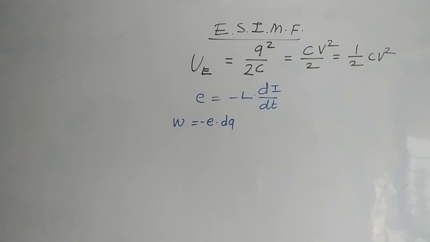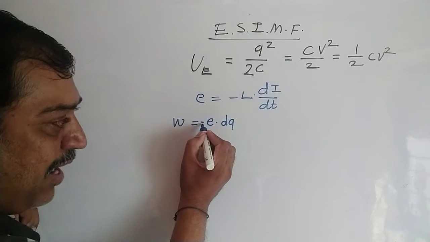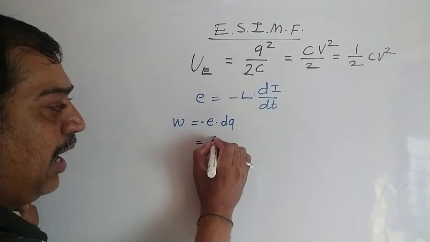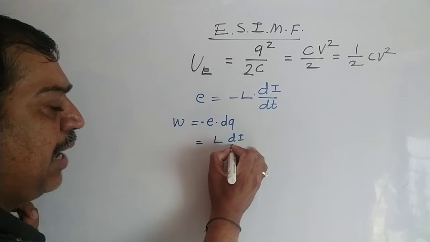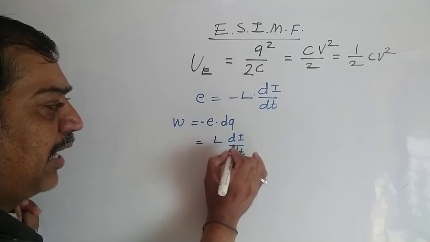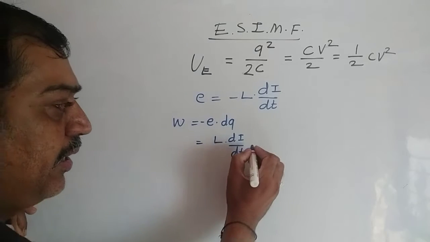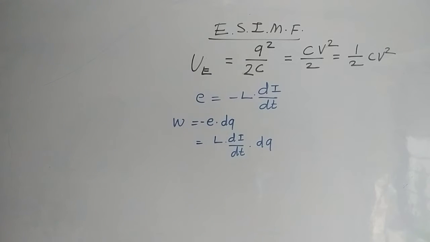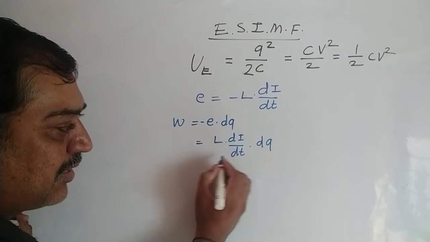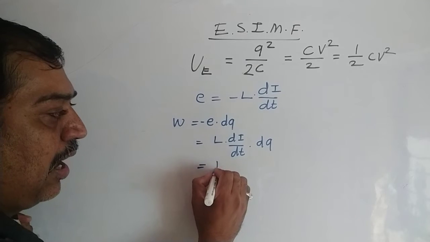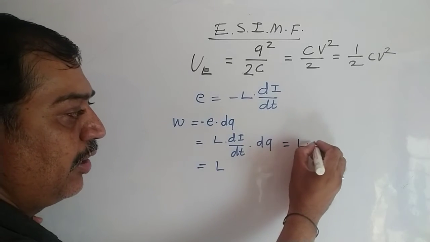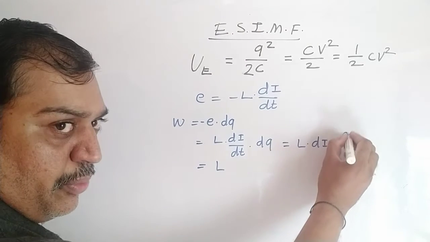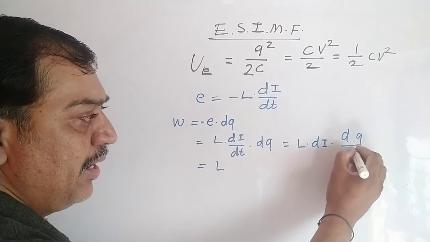Now put the value of E here and solve further. This minus and this minus become a plus. So we can write L into di by dt, the self-inductance, into dq, where dq is the charge to be moved. Now move this dt to this side: L into di into dq divided by dt.